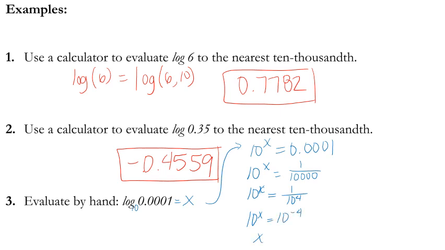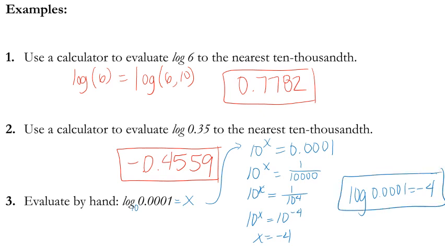So x in this case would have to equal -4, which means that the log base 10 of 0.0001 is equal to -4. Now notice a logarithm can equal a negative number, but you cannot take the logarithm of a negative number. That's kind of what you were working on yesterday in your notes.